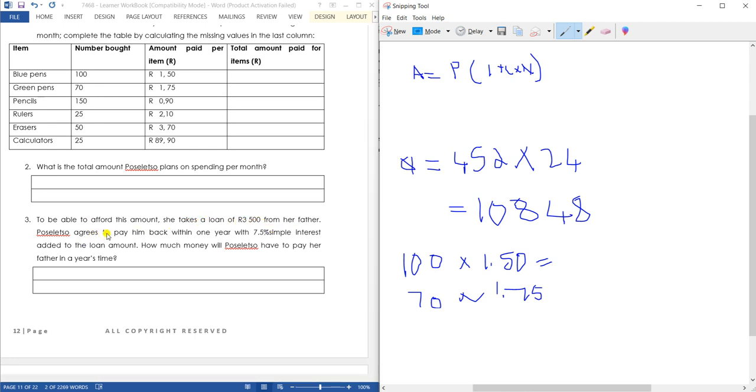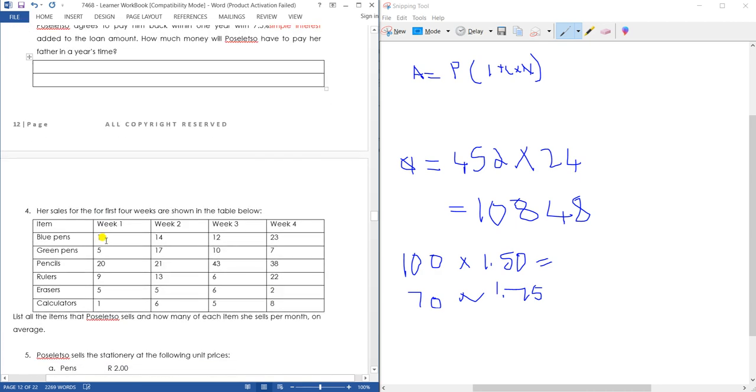Puseletso agrees to pay him back within 1 year with 7.5% simple interest. Let's highlight simple interest: simple interest is added to the loan amount. So how much money will Puseletso have to pay her father in a year's time? You'll have to use the simple interest formula to determine the money she will pay her father in a year's time.